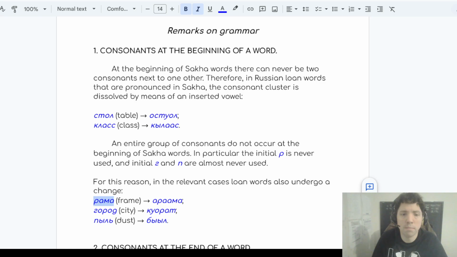I think it's Rama. Frame in Russian becomes Arama in Sakha. Город, city in Russian, becomes Kworat in Sakha. Pul in Russian, meaning dust, becomes bull in Sakha.